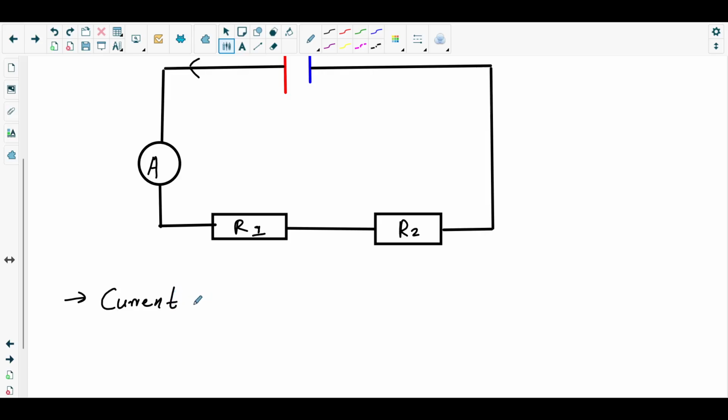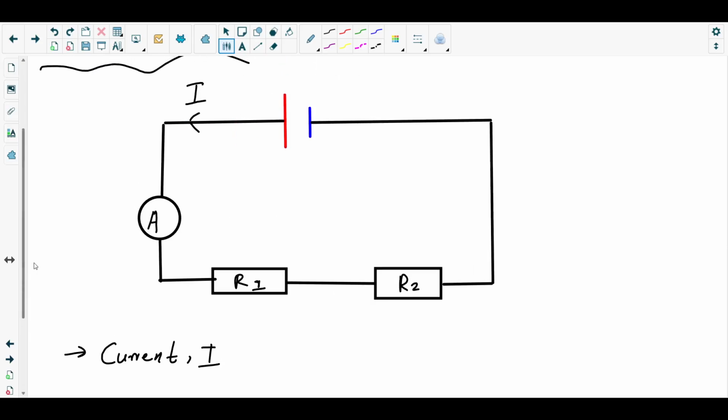The actual law says the total current entering a junction and leaving a junction is the same. This is the actual Kirchhoff's law. From that we can derive that in a series circuit the current remains constant throughout the circuit, but in a parallel circuit the current gets divided at the junctions.